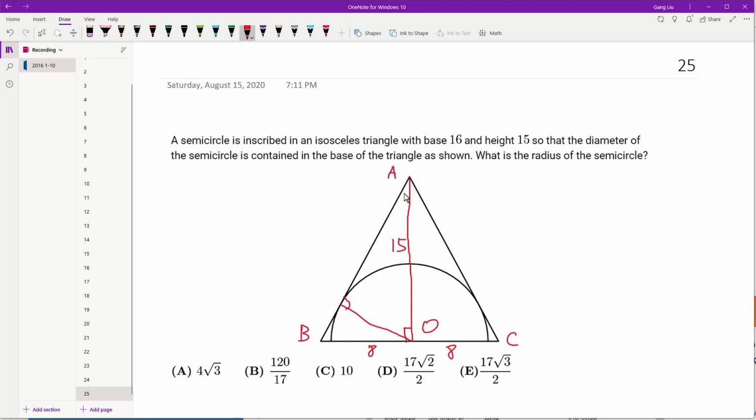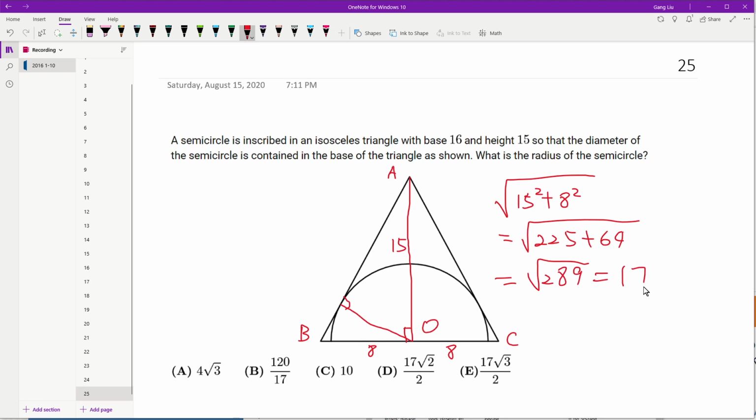So AB, using the Pythagorean theorem, is the square root of 15 squared plus 8 squared, equals the square root of 225 plus 64, equals the square root of 289, equals 17. So this is 17.